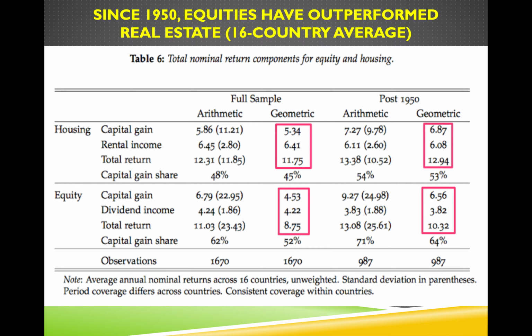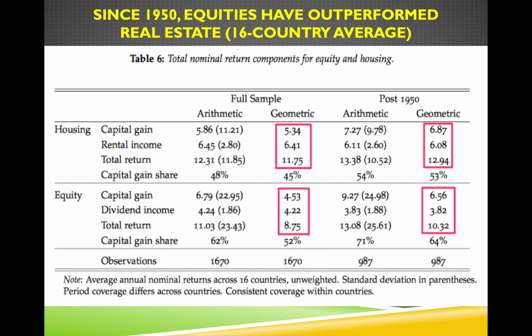That's pretty impressive. Equities or stocks have capital gain and dividend income. Capital gain is the increase in the share price over time, 8.75% over this time period.